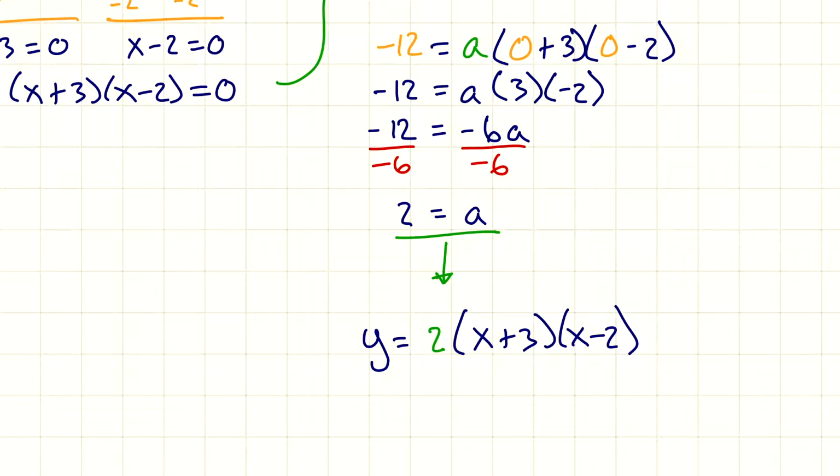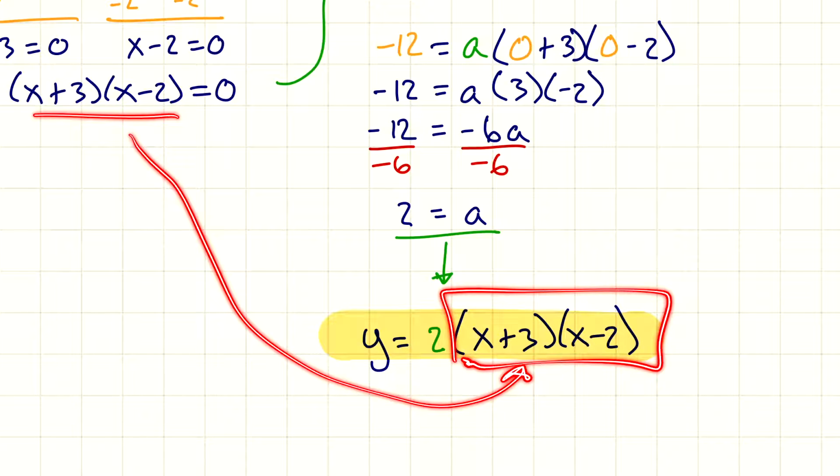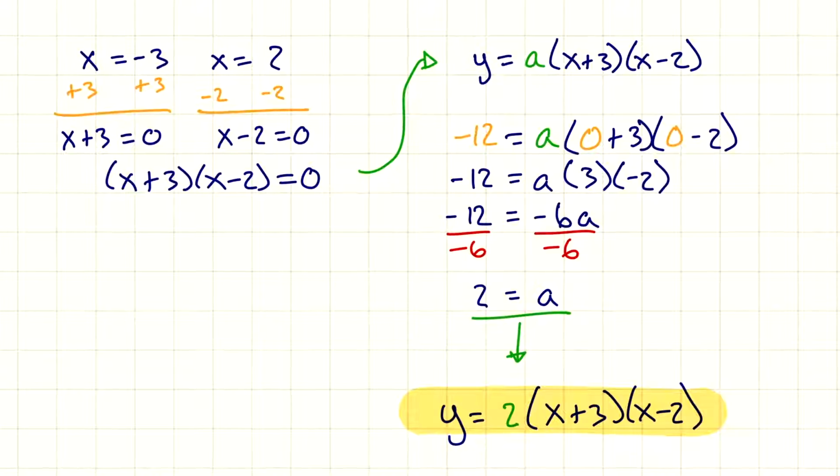So you'll notice here that we have the a value, right? We've put the a value in front, and the factors, these were the original factors that we had solved for. Right, so you'll notice the work's really not that long.